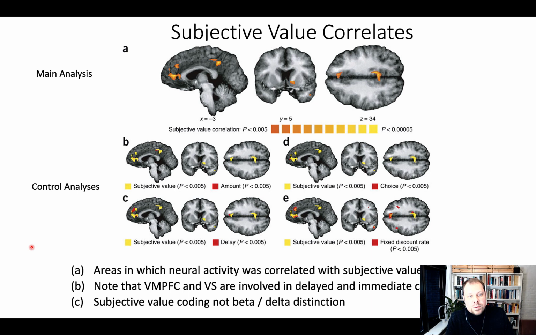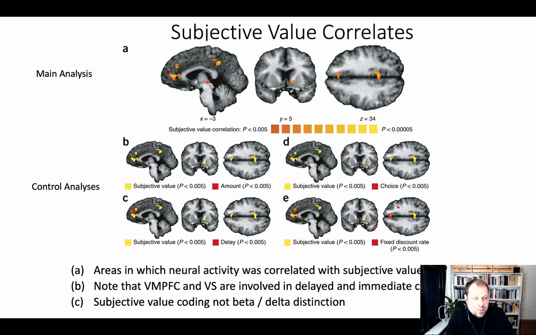You can then use the behavioral data to construct a model of discounted utility for each participant, which in turn can be used to compute a subjective value parameter for each trial. And this can be entered into the fMRI model to probe for parametric modulation with subjective value on each trial.